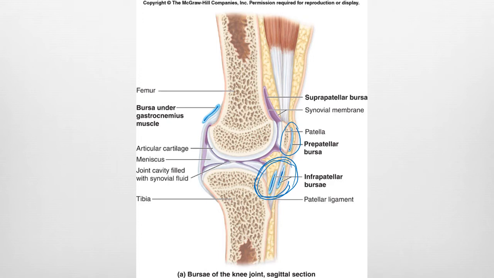On the posterior side here, we have another bursa that commonly becomes swollen as well. And even the joint has the potential within that synovial sac to start to bulge out. You can get what's called a Baker cyst at the back of the knee, which is just the synovial sac itself being stretched out a little bit.